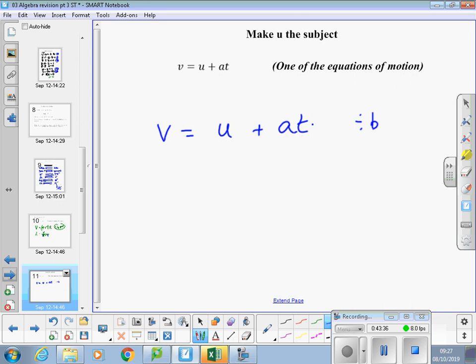So we're going to divide by AT. Is that what you're saying? Oh, sorry. Minus AT. So we get U is equal to V minus AT.